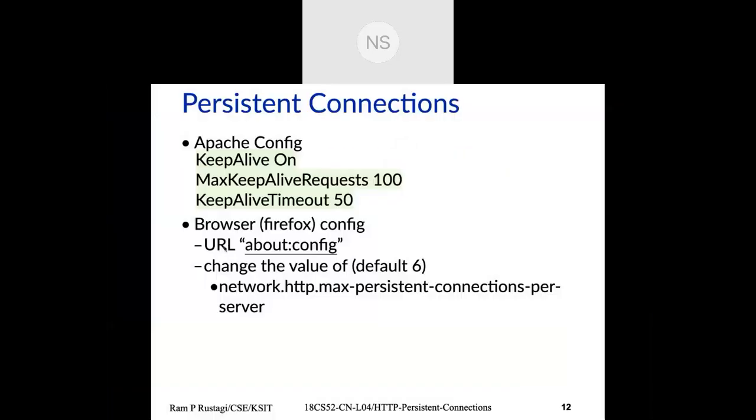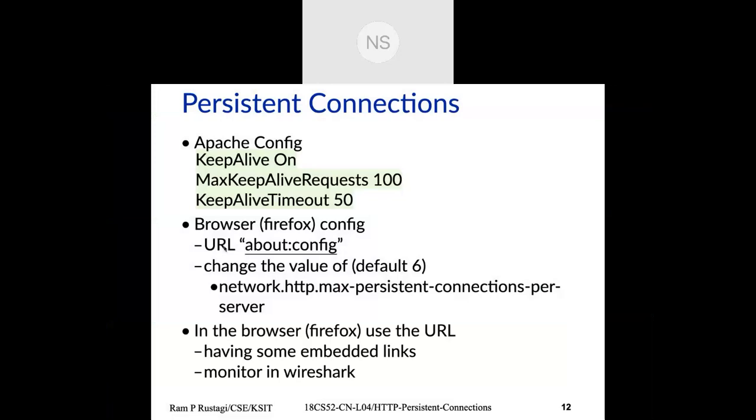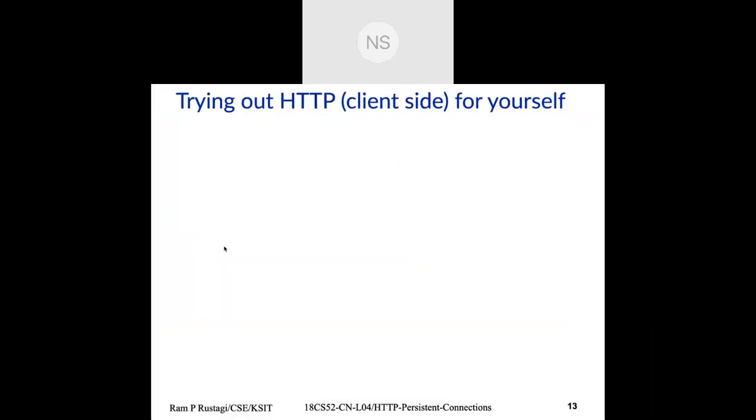So let me come back. Assuming you understood it, you change it, observe it and see how things really work out. NC is another tool which you can use to communicate on the command line without having a browser. Again, I'll probably give you a video recording and then you can play with it and see how to use it.